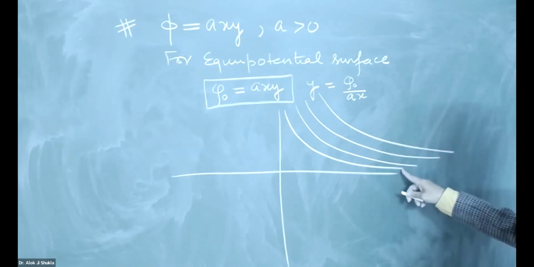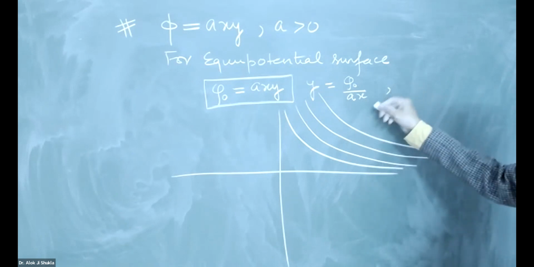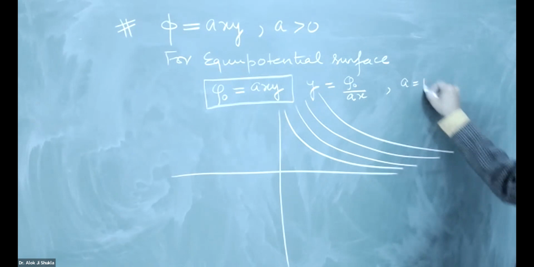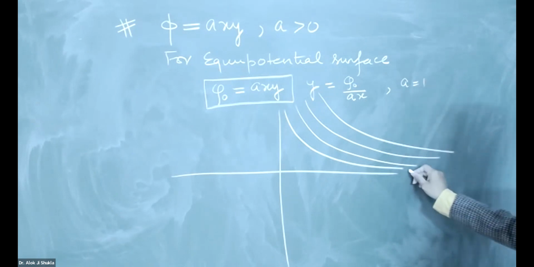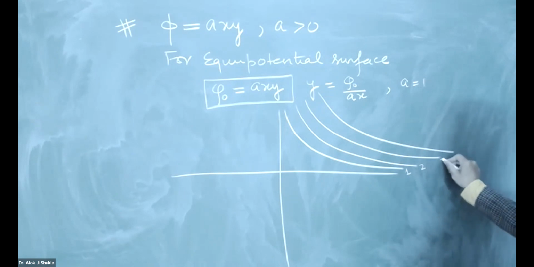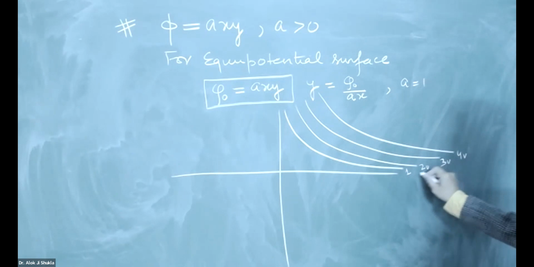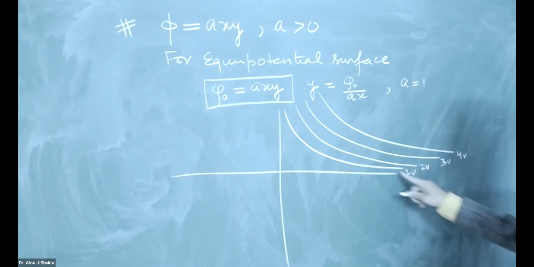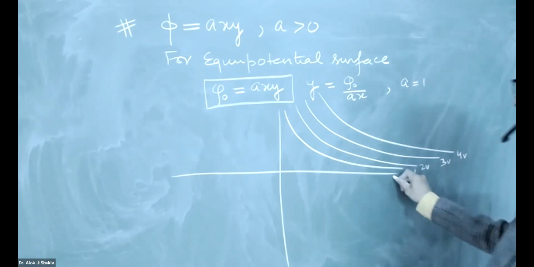Suppose let us take A is equal to 1 and then I will start taking it as 1 volt, 2 volt, 3 volt, 4 volt. So all these potentials are giving equipotential surface.